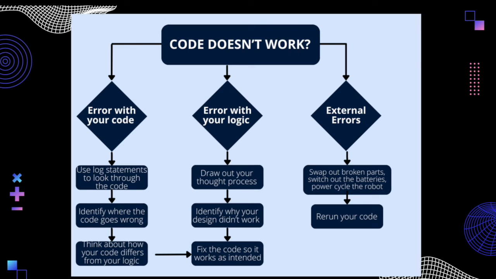However, sometimes we can see that the code is working exactly as intended, and then the error can lie in the logic of the code itself. In these scenarios, it's useful to draw out your thought process and identify why your current design may not be the best. After that, you can adjust your design slightly so the code will work as intended.